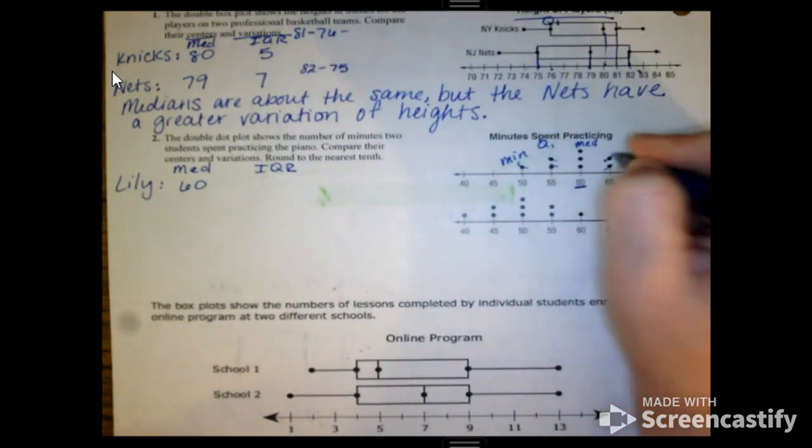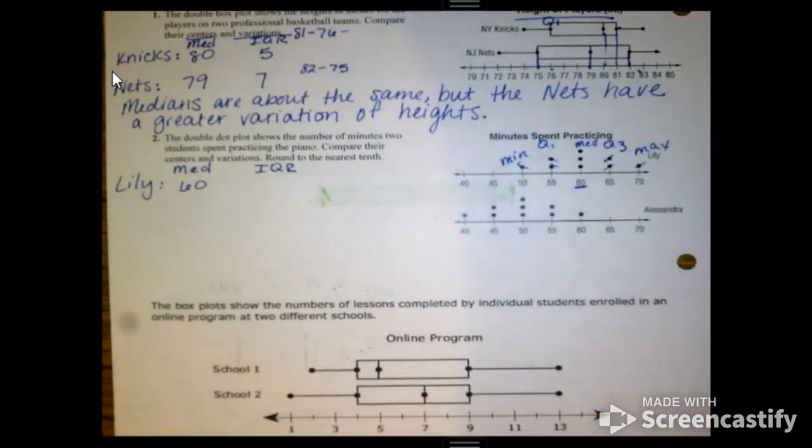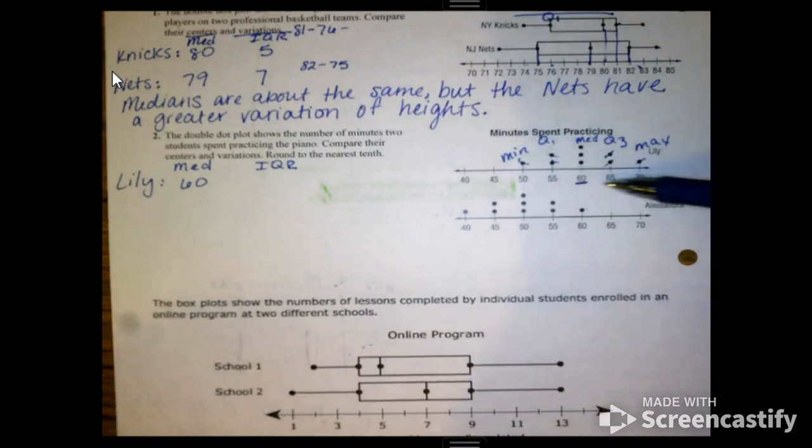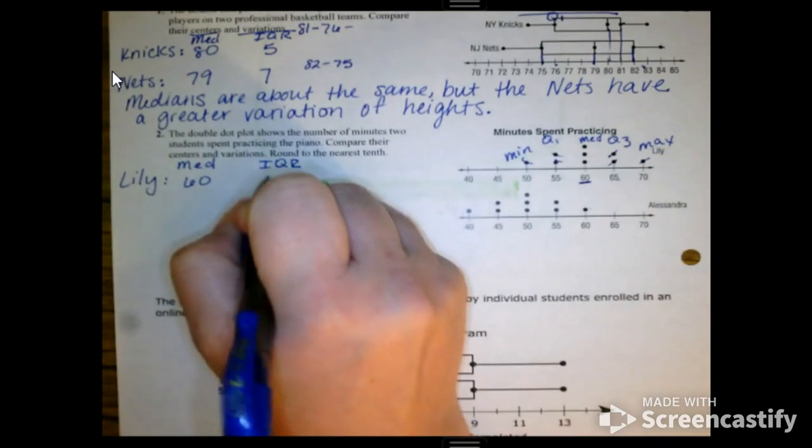Q1 and Q3. Is it going to be like this with every dot plot? No. Now, what would my IQR be for Lily then? Q3, 65, minus Q1, 55. What's 65 minus 55? 10.